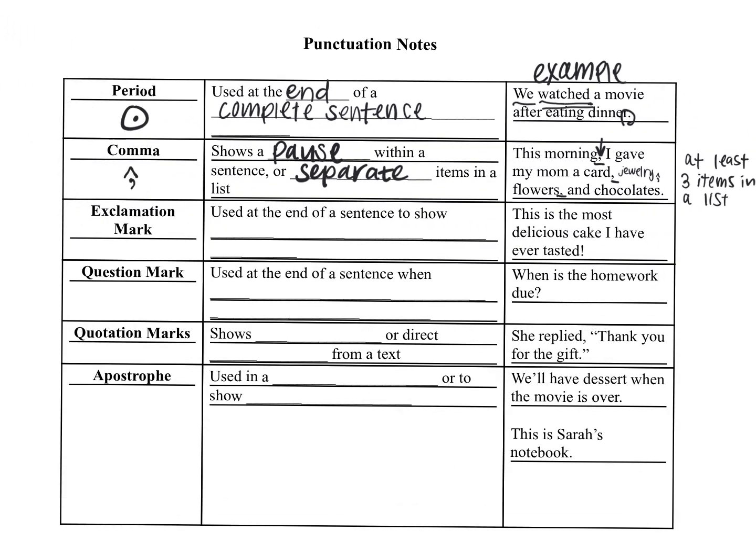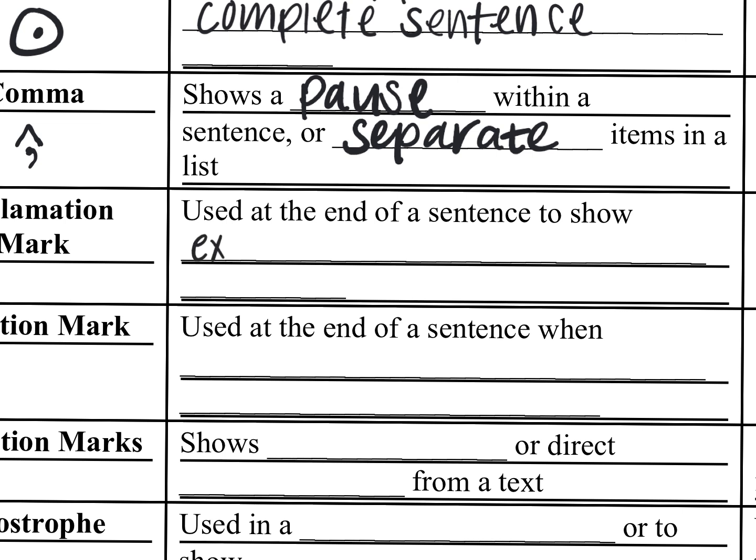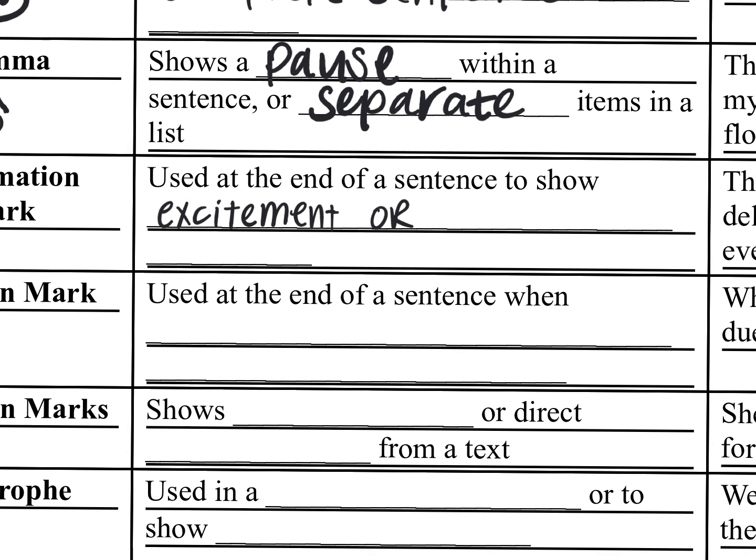All right, then we have our exclamation mark. We use those at the end of a sentence to show excitement, or strong feelings.